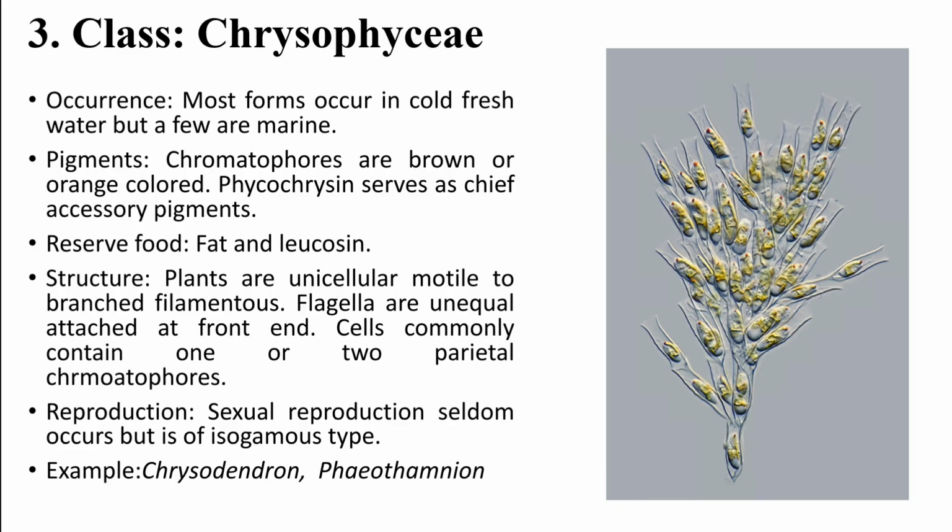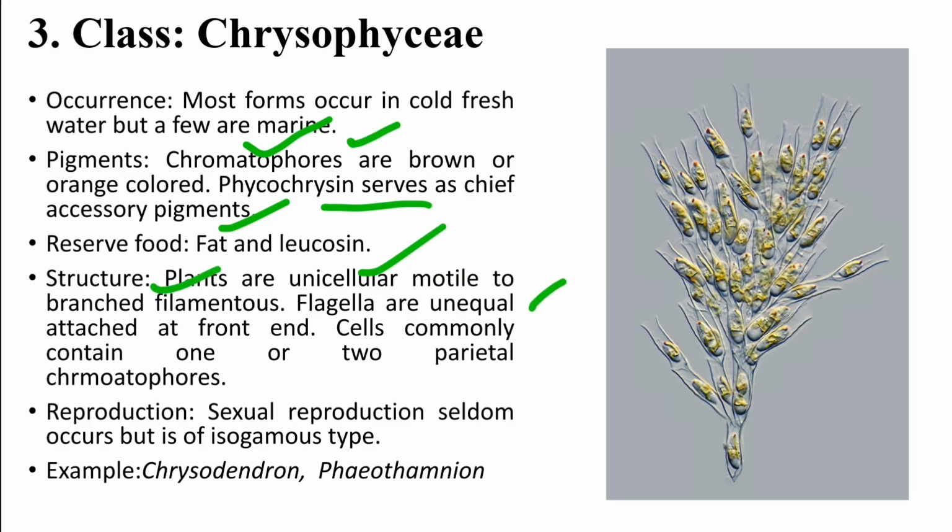Okay. Next, class 3, Chrysophyceae. Occurrence: most forms occur in cold fresh water, but a few are marine. Pigments: chromatophores are brown or orange colored. Phycochrysin serves as the chief accessory pigment. Reserve food material is fat and leucosin. The thallus is unicellular motile to branched filamentous.